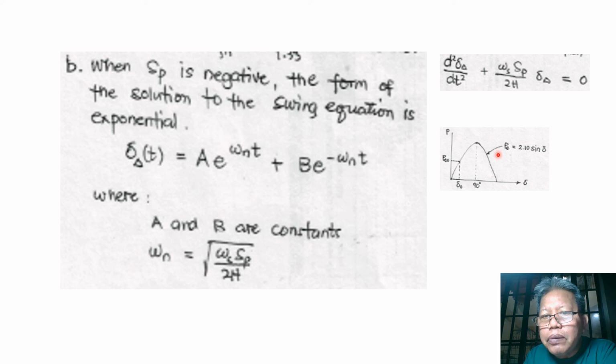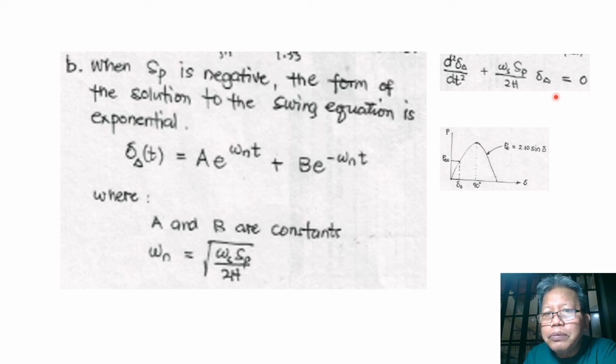Now, when our synchronizing power Sp is already negative, the roots of our characteristic equation, when we solve for them, will be real values, which are distinct and real.